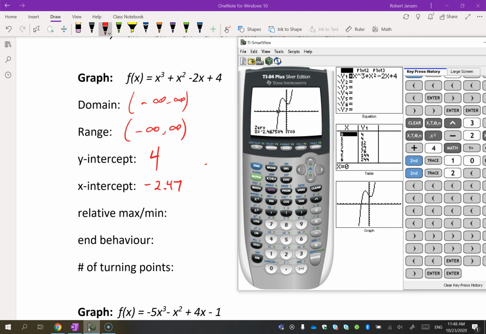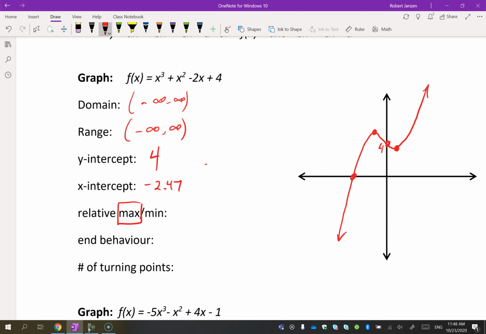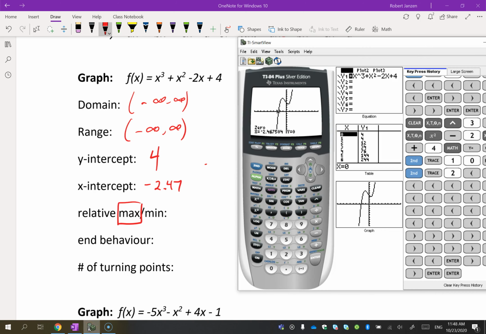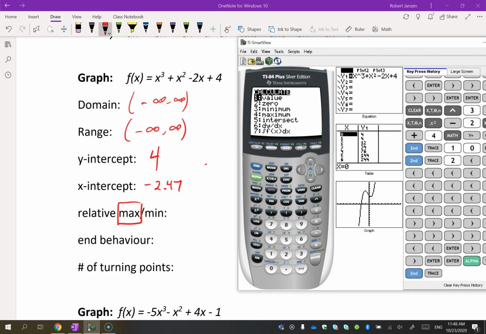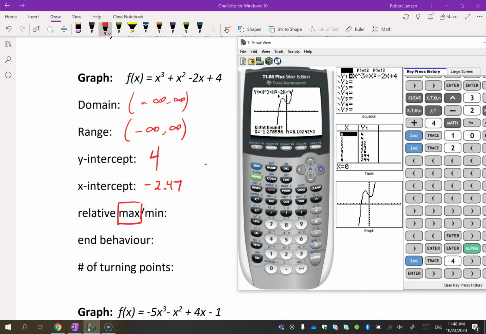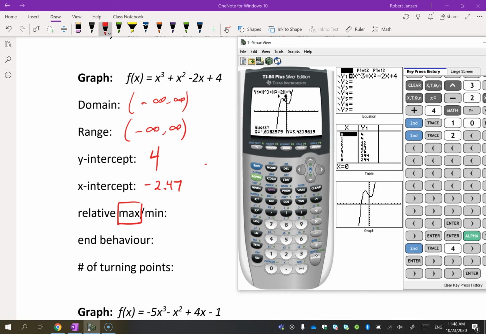Okay, then relative max. So we're going to do the max first. So second trace. The maximum is 4, so go. Now you can see the maximum is sort of like where it peaks going up. Okay, so I'm going to set the bounds around that hump right there. And we can see that the max is 6.11.